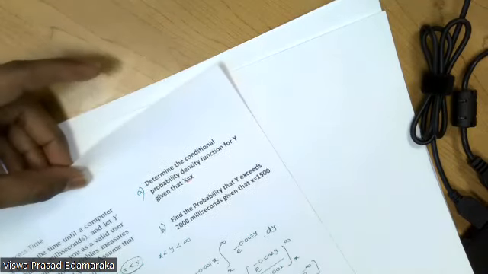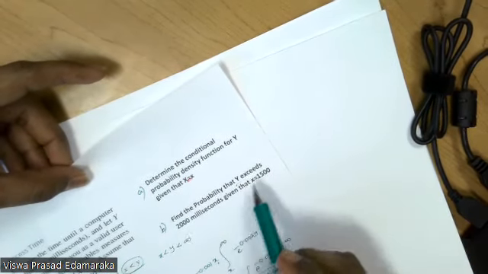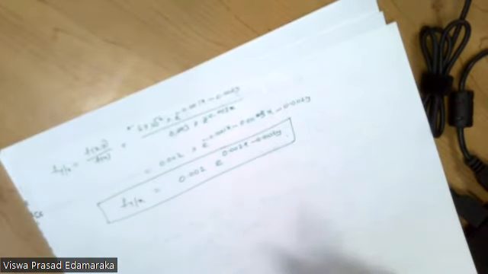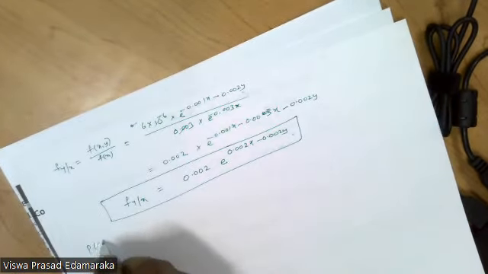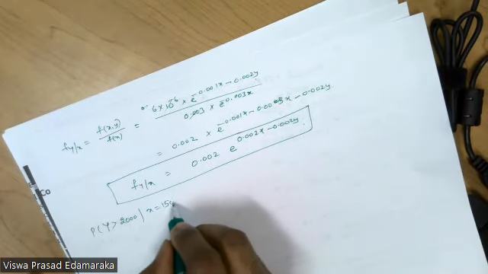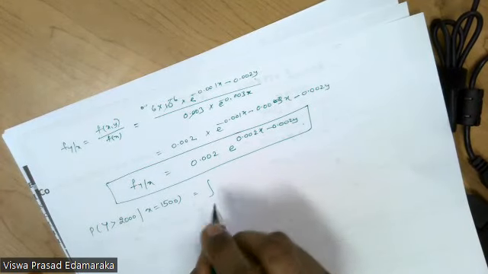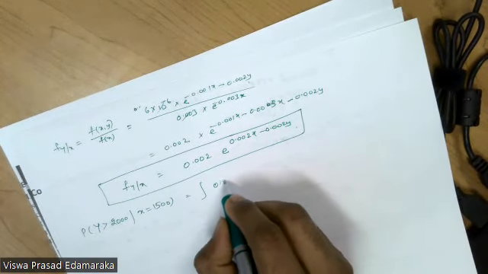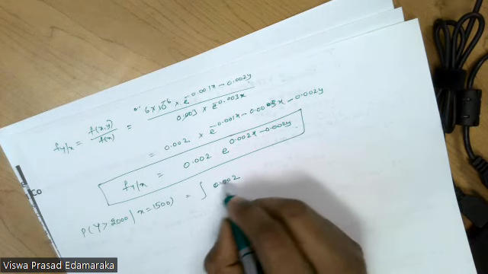Now problem B. What is the probability of y exceeds 2000, given that x equals 1500? So probability of y is greater than 2000 and x is equal to 1500. So I'm just integrating this function 0.002. Let me write.